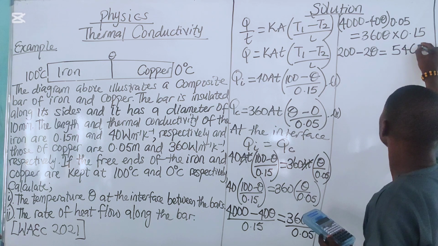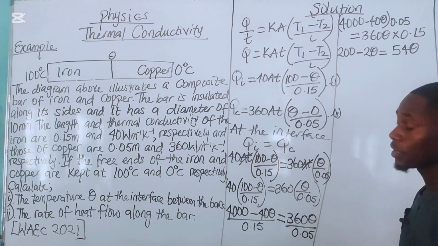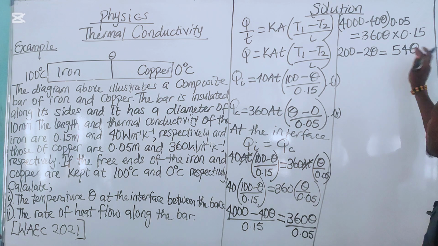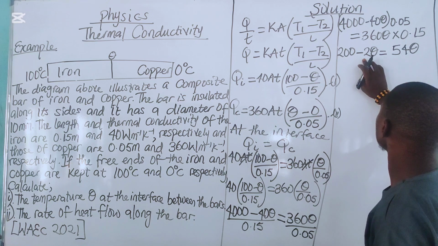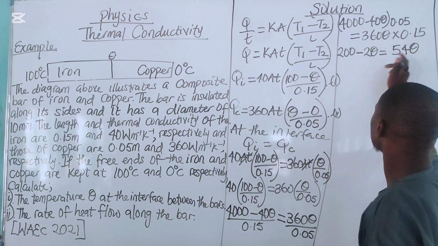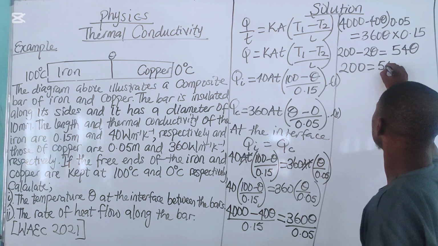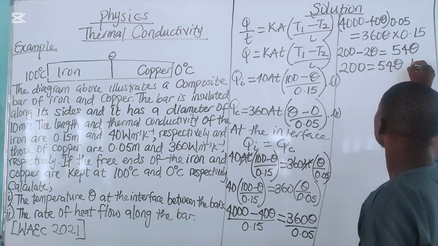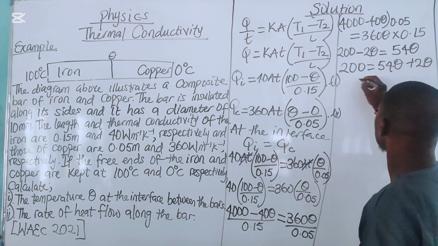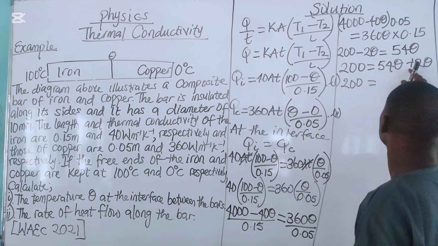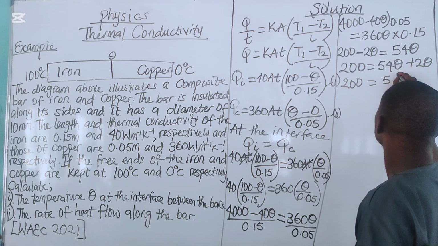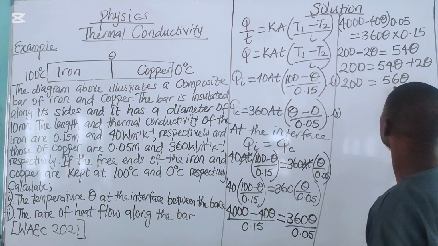So that becomes 54 theta. I'm looking for theta, so I'll collect like terms, moving minus theta to the other side. That gives me 200 equals 54 theta plus 2 theta, which is 56 theta.